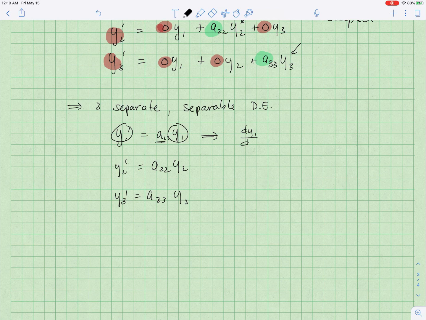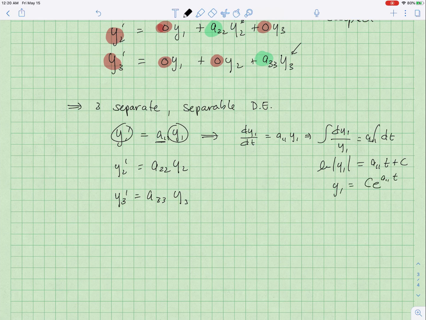This is dy1 over dt is equal to a11 y1, and you can separate that and say dy1 over y1 is equal to a11 dt. You can integrate both sides here, and you're going to get the natural log of the absolute value of y1 is equal to a11t plus some constant. And you can solve for y1, and y1 is going to be some kind of c e to the a11t.